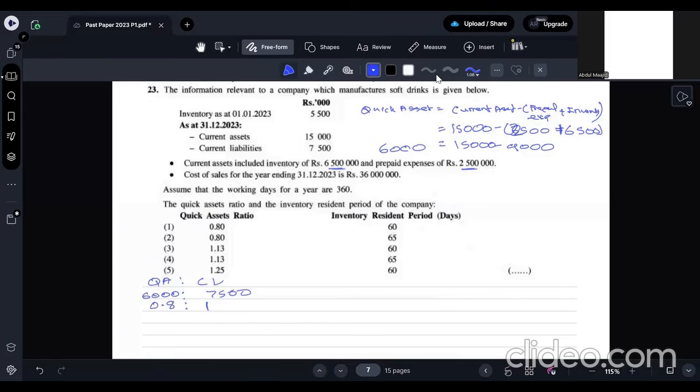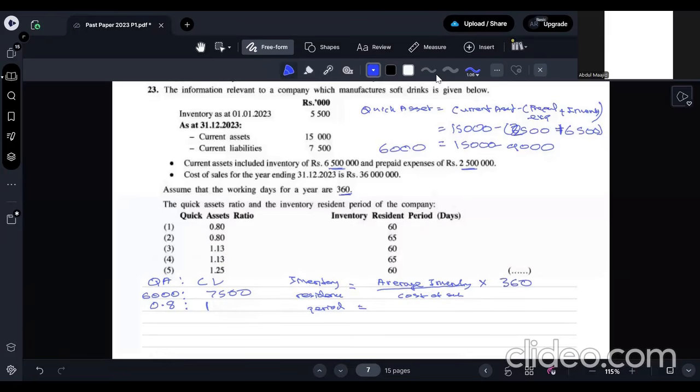Then how do you find your inventory residence period? Inventory residence period equals average inventory divided by cost of sale into number of days in the year. They have given us 360. Average inventory equals opening inventory plus closing inventory divided by 2.